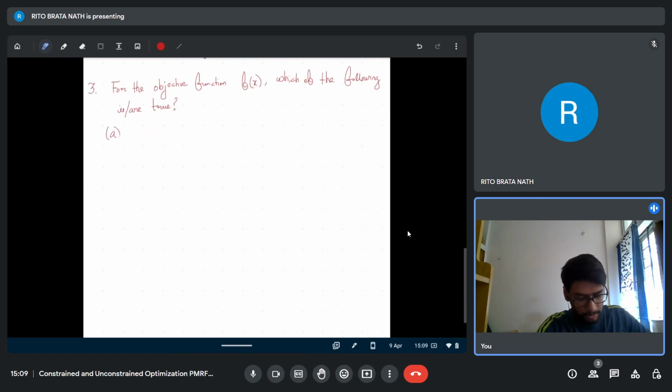Okay, option A is if S transpose grad of f is less than 0, then S is a descent direction.